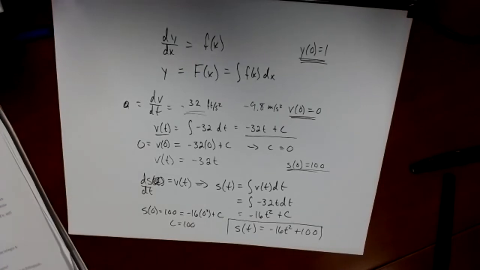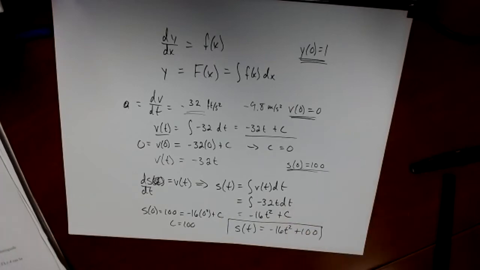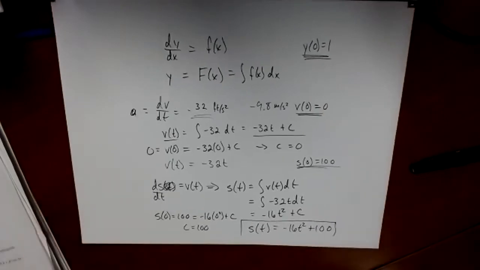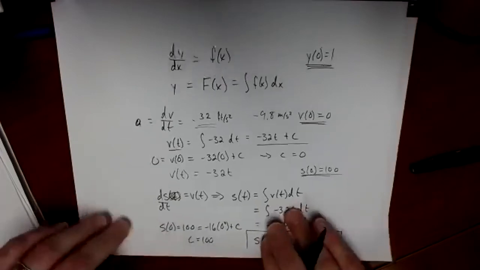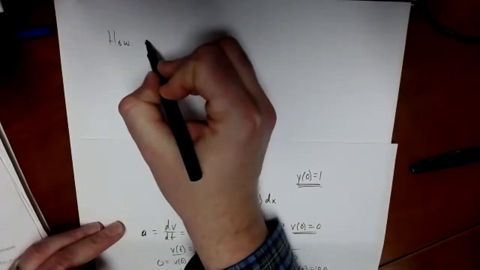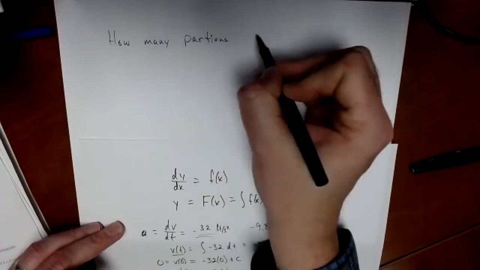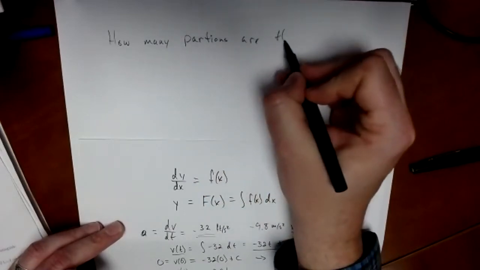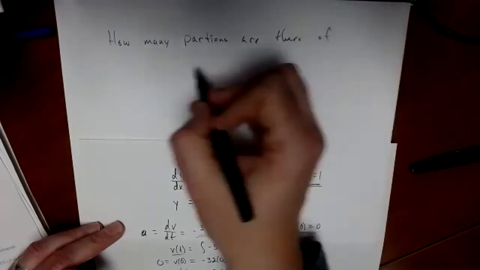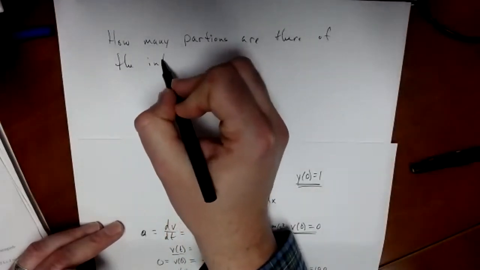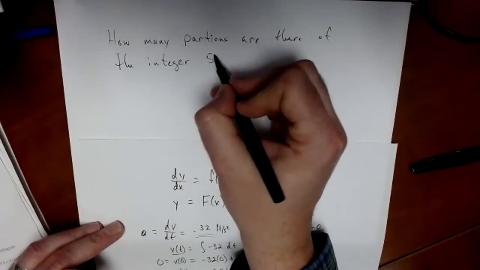So let's see, we finished that one up. And actually, I think it was Alex asked about partitions of an integer at the end of the last class. It was somebody who did. And that's actually the next question: how many partitions are there of the integer 5?